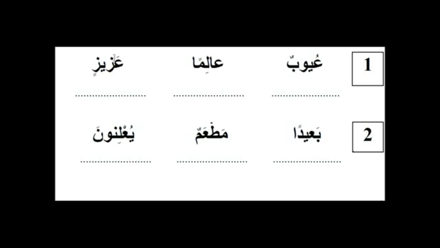This is a fatha. This is kasra. This is dhamma. Kasra, fatha, dhamma. If I made any mistake, I'm sorry for that in past lessons. That's why I'm making it clear now.